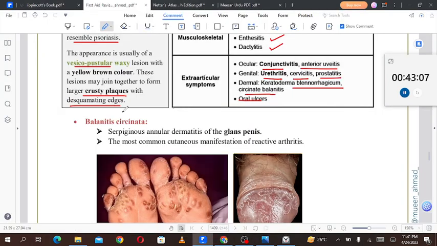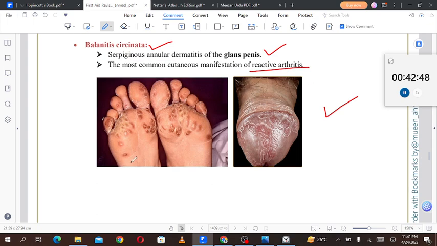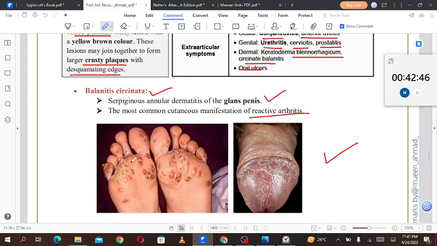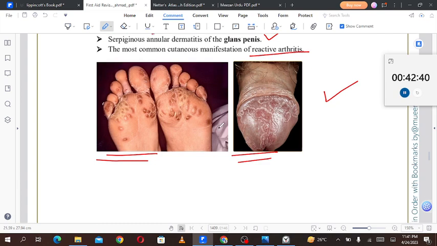Then circinate balanitis is a serpiginous annular dermatitis of the glans penis, the most common cutaneous manifestation of reactive arthritis. So this one is keratoderma blennorrhagicum, this one is keratoderma blennorrhagicum, and this is balanitis circinata on the glans penis.